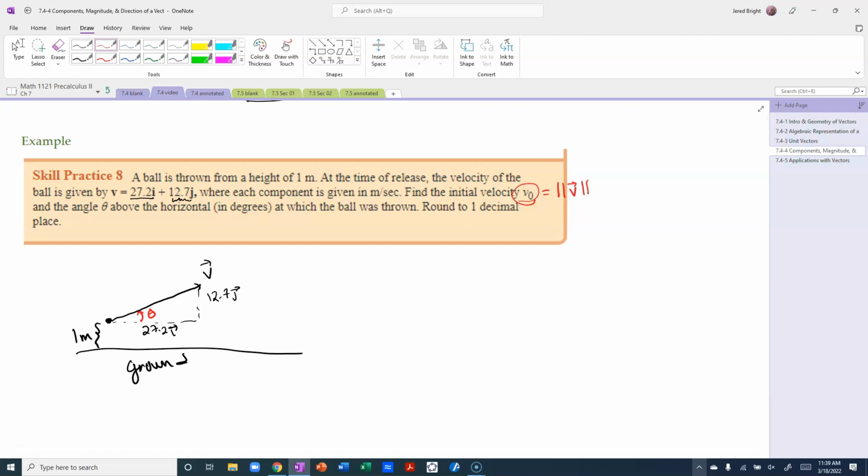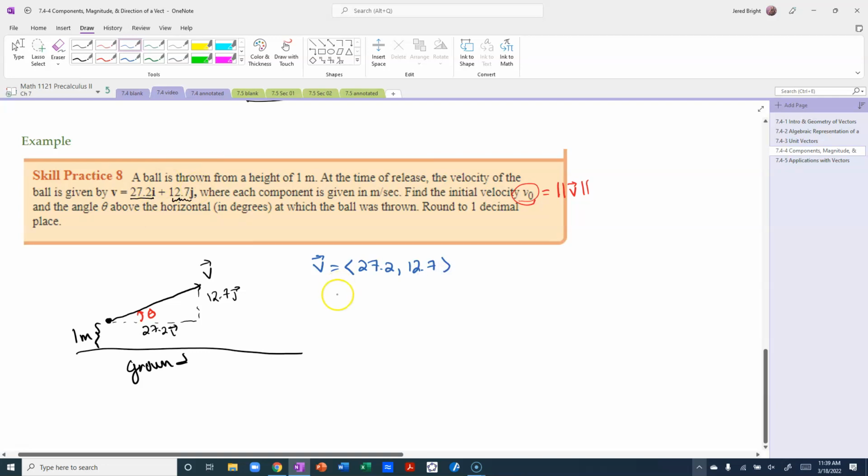There's air resistance and friction and rain and flies and everything, so it's going to slow down. So we just want to figure out how fast it was going initially. That's maybe an easy question, but it might be useful for us to say v in component form is 27.2, 12.7, just to get it out of that unit vector form.